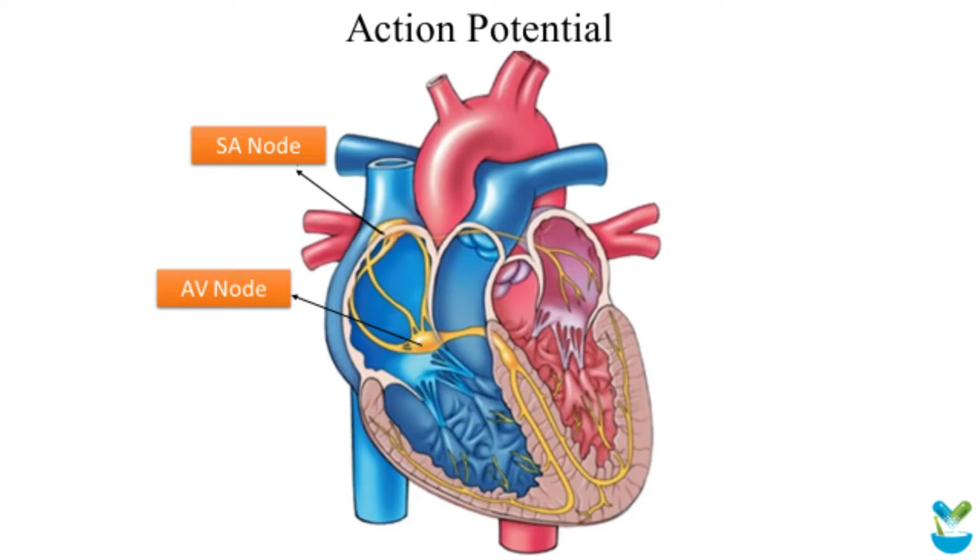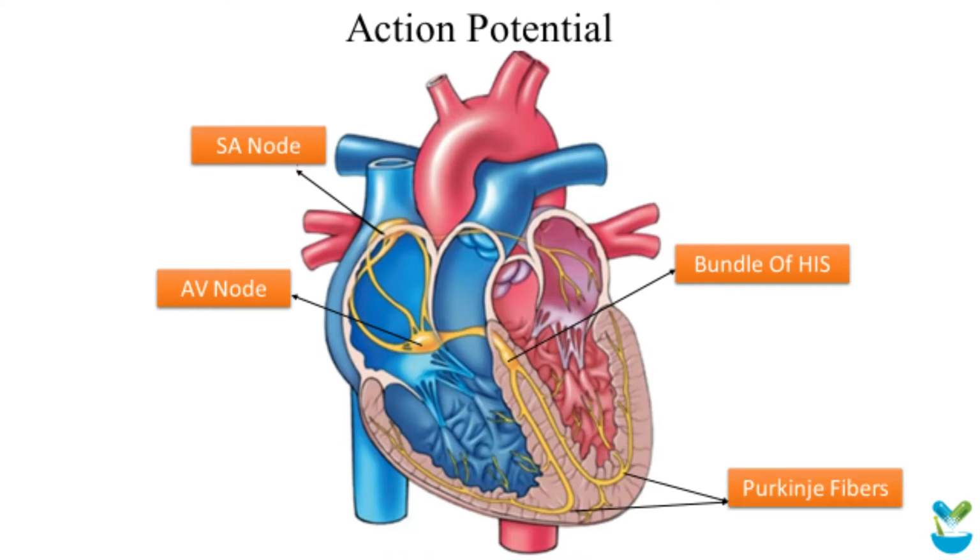While causing atrial contractions, these impulses travel from the AV node to the bundle of His. Yes, it's His here, not her. And then to the Purkinje fibers. This is how the cardiac muscles contract, the heart beats, and pumps blood to the body.